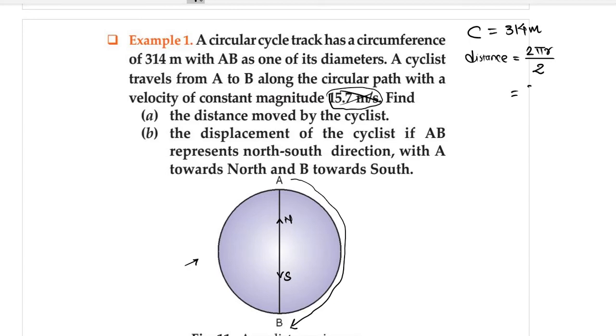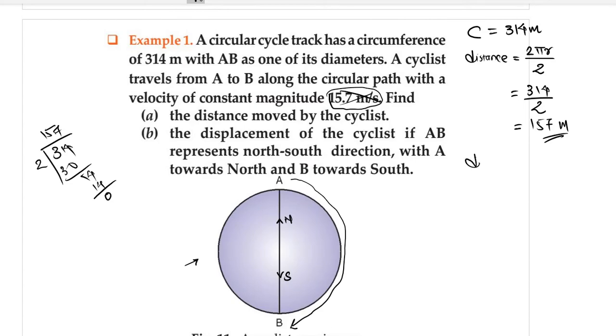What is the circumference? 314 divided by 2. So how much is 314 divided by 2? So if you divide over here, 314 divided by 2, 15s are 30, 14, 7, 157. You get 157. So the distance covered is 157 meter. Always write the units. Distance covered is 157 meter.